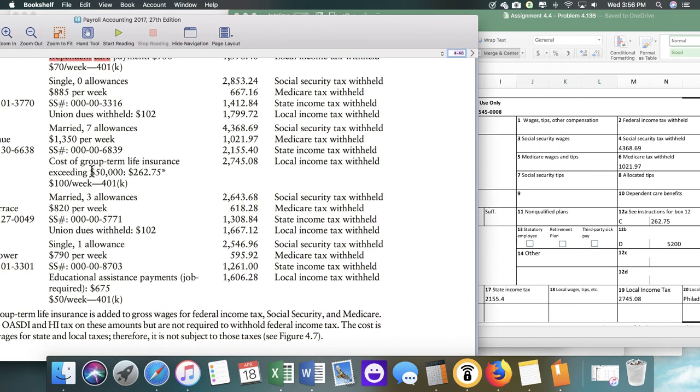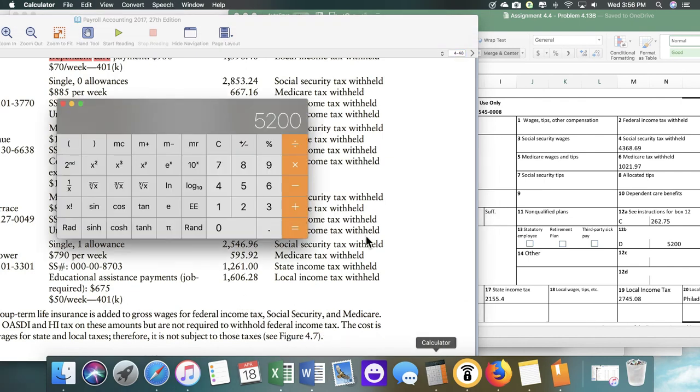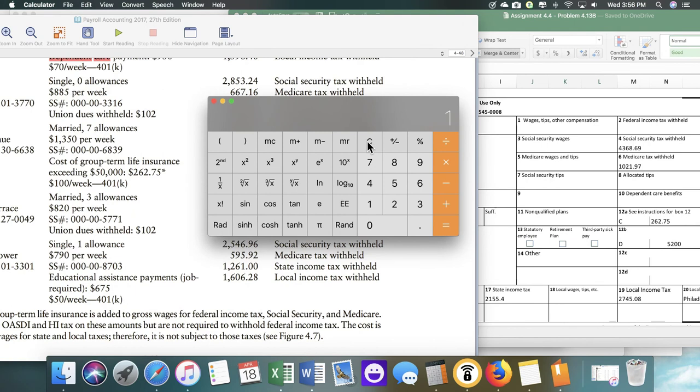And so we have $1,350 per week times 52 gives us $70,200. Now we have to subtract the $262.75. I'm actually looking at the wrong problem, so let's figure this out.